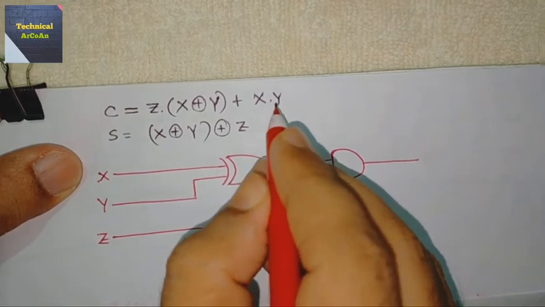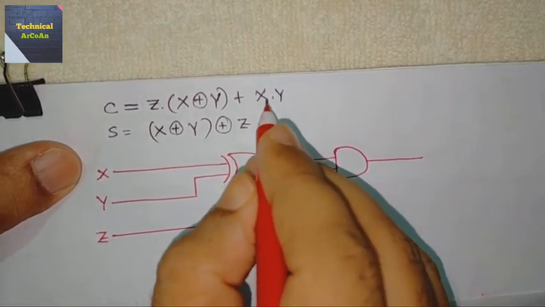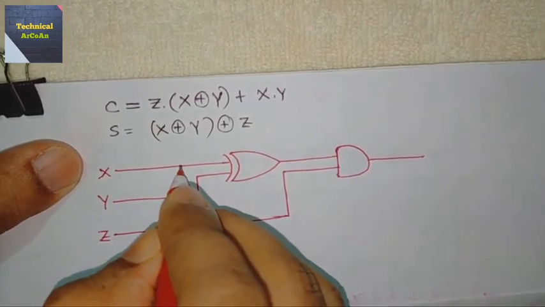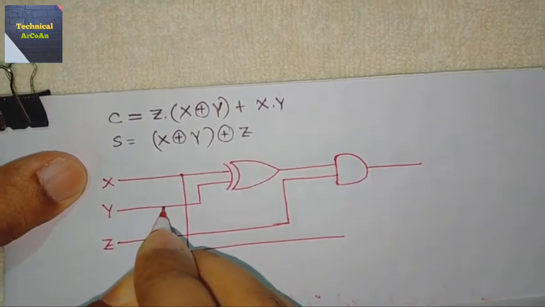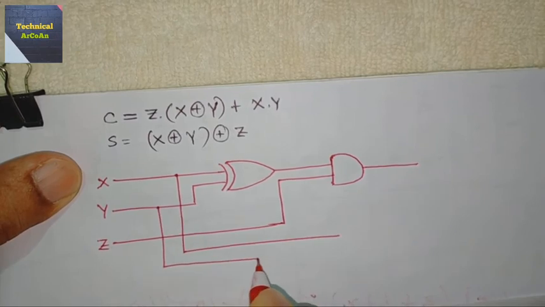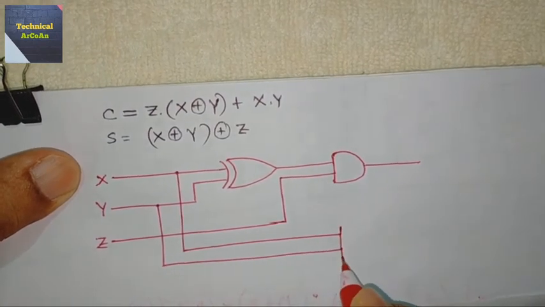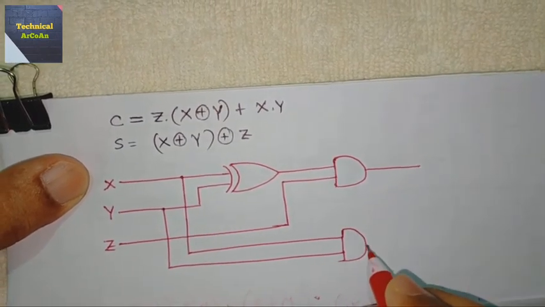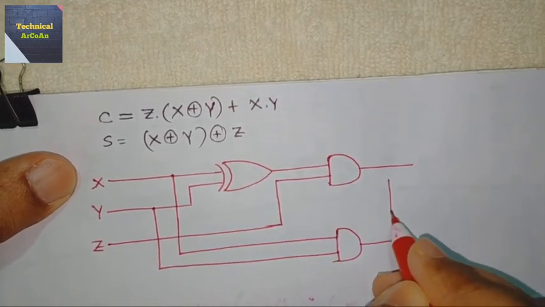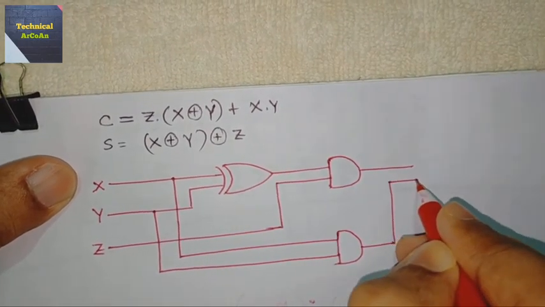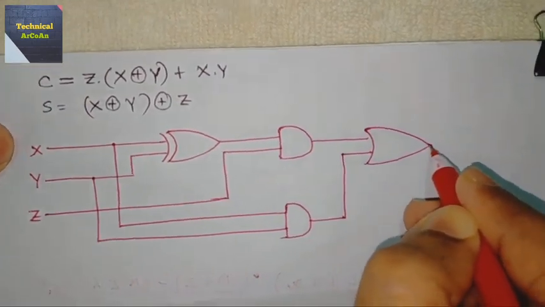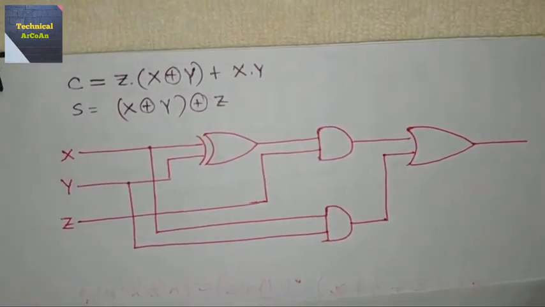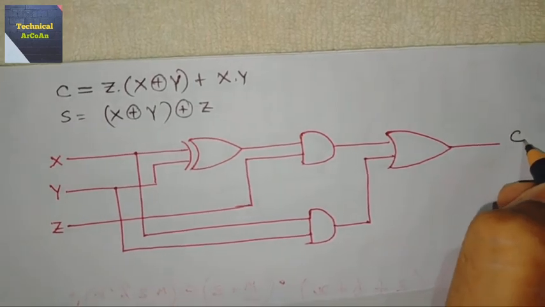Clear? Now the other AND gate is there, x dot y. So here you draw x and your y. This is also an AND gate. Now this is a plus, means we use an OR gate. So this is your C, means carry. Clear?